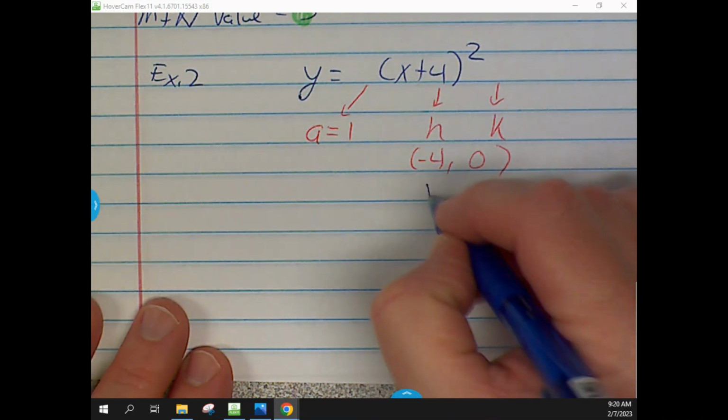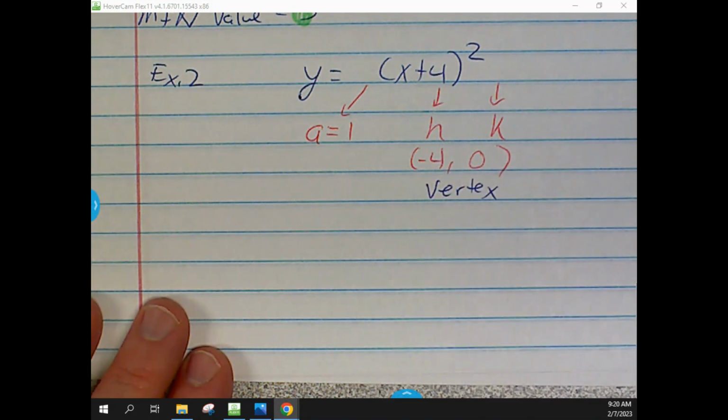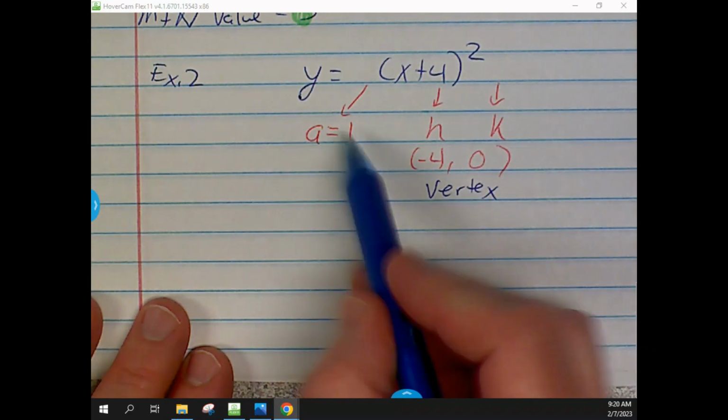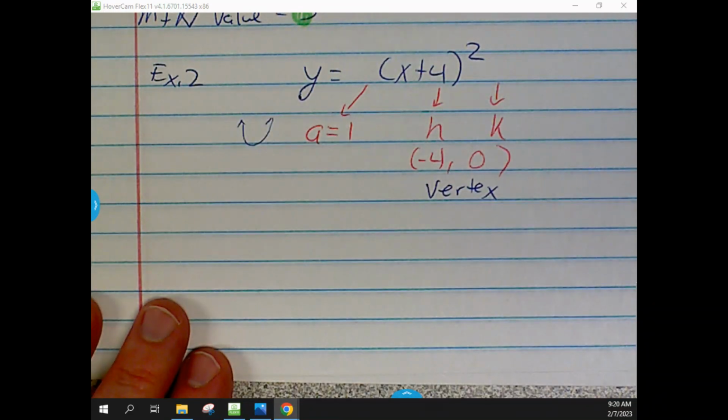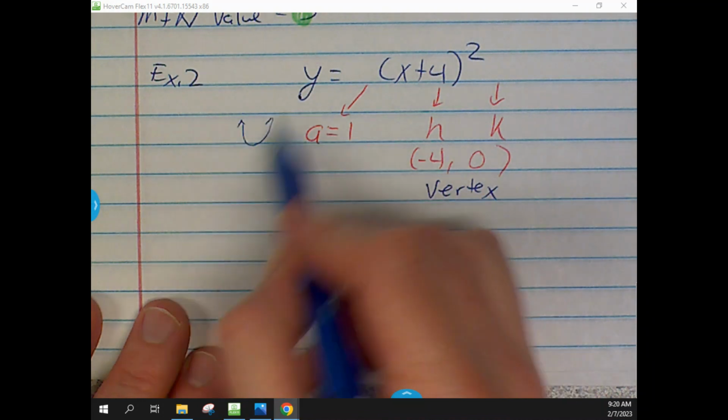All right, so there's our vertex. The other thing we know, with a value being positive, we know this graph has to do this. And we'll worry about the specifics of exactly where that is in a second. But if that a number is positive, we know the graph has to look like this, no matter what we do.